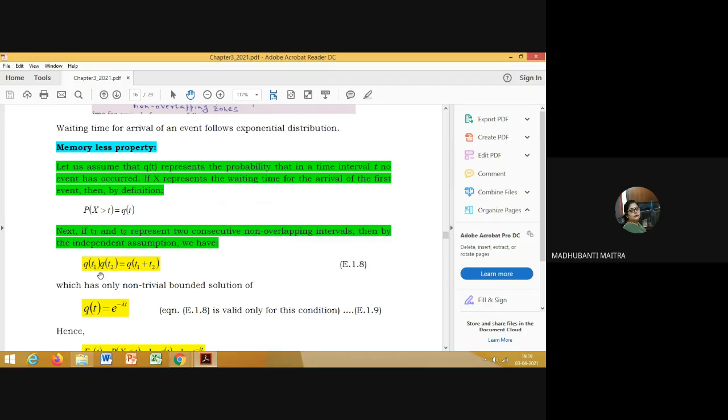These two are independent, hence we can write this as qt1 into qt2 will be equal to q(t1 plus t2). That means in this interval t1 plus t2 no event has occurred. That is the probability that q is representing over here, q(t1 plus t2). So q(t1 plus t2) will simply be equal to q(t1) into q(t2).